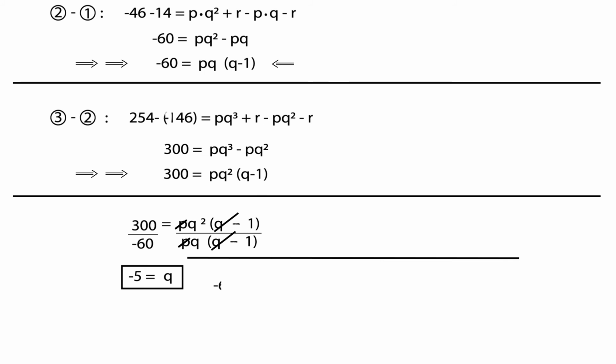Minus 60 is equal to minus 5p times minus 5 minus 1. So minus 60 is equal to minus 5p times minus 6. So that's 30p is equal to minus 60. And therefore p is equal to minus 2. Great.